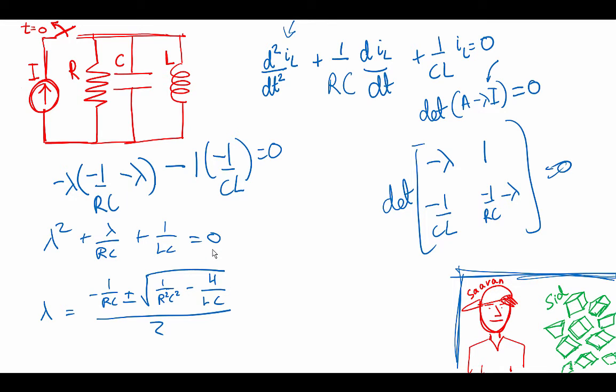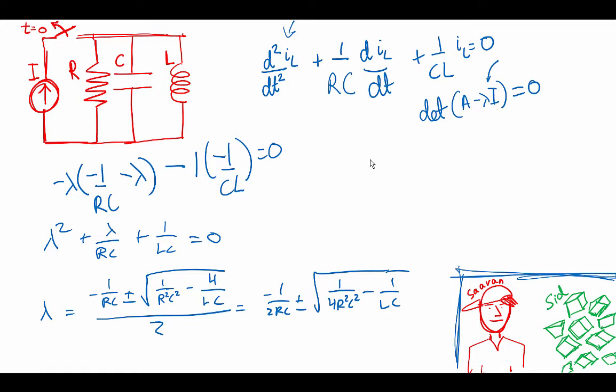Okay, cool. Now, reducing this a little bit, let's bring this 2 up. Minus 1 over 2RC plus or minus the square root. Bringing the 2 up, you have 1 over 4R squared C squared minus 1 over LC.